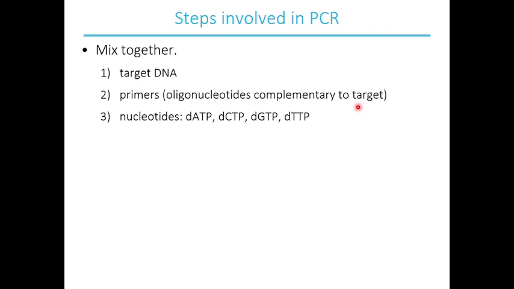Third, a pool of nucleotides, in this case deoxynucleotides, because we are amplifying DNA. Last but not least, a thermostable DNA polymerase, an enzyme that can catalyze the polymerase chain reaction.